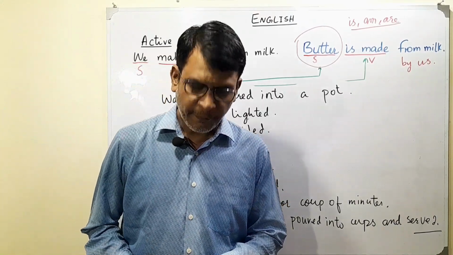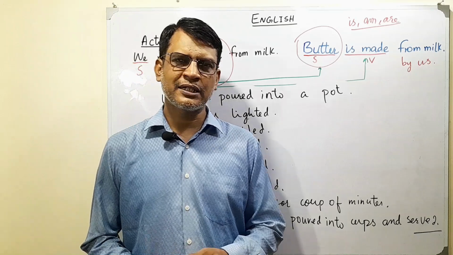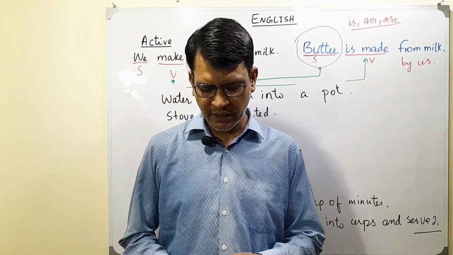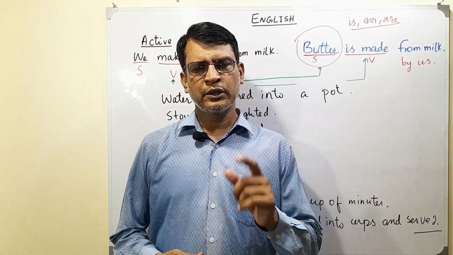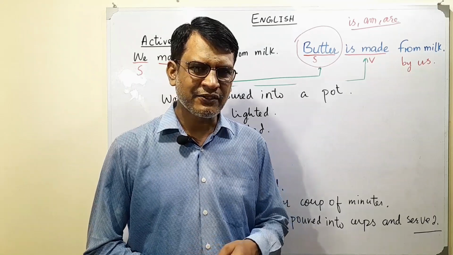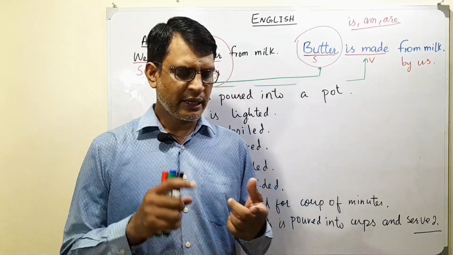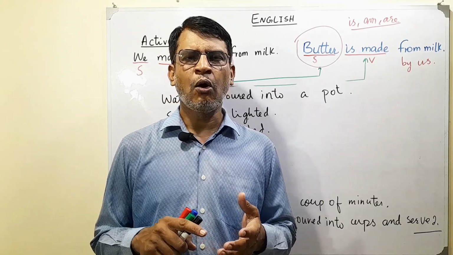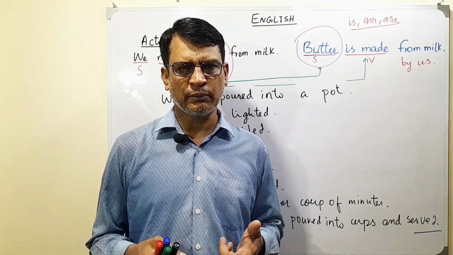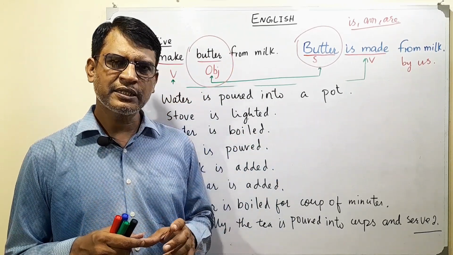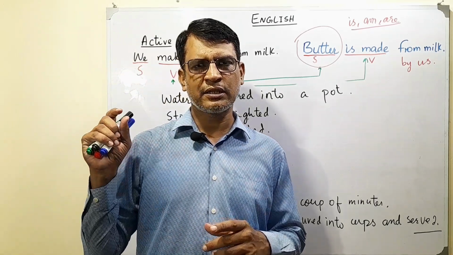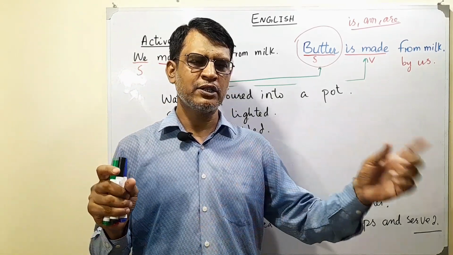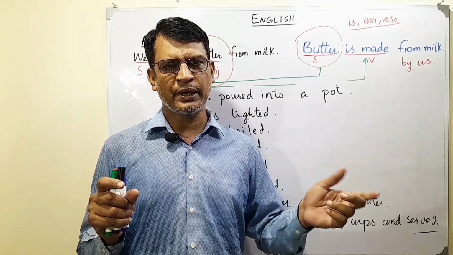So finally, I can say that an active sentence is a sentence in which the doer is important, and a passive sentence is a sentence in which the action is important, the doer is unknown or unimportant, or there is a process that we are talking about. In passive sentences, we change the object of the active into the subject of the passive sentence.